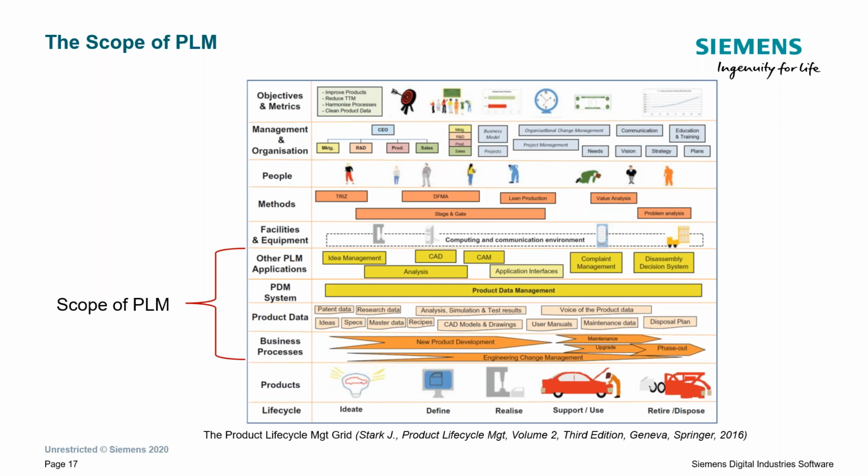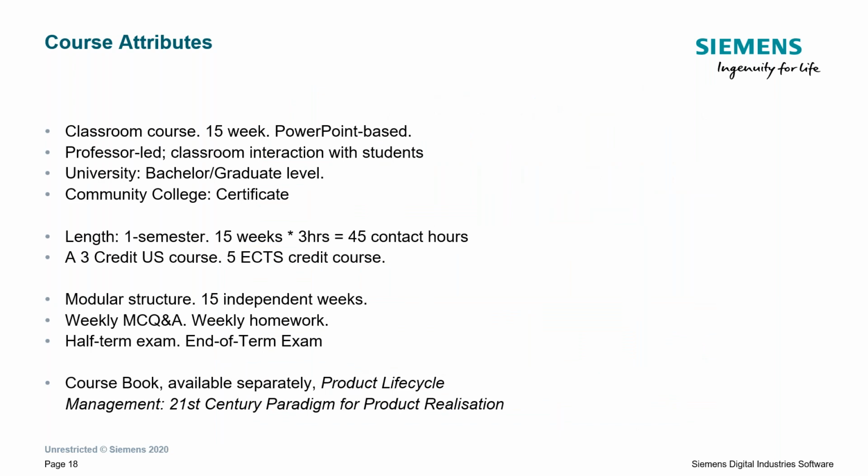And if you look at the rows, where I put scope of PLM on the left, in this class we talk about business processes, product data, PDM systems, product data management systems, and other PLM applications. As you see in the next slides, we talk about some other topics too, but the scope of PLM can be seen like this.